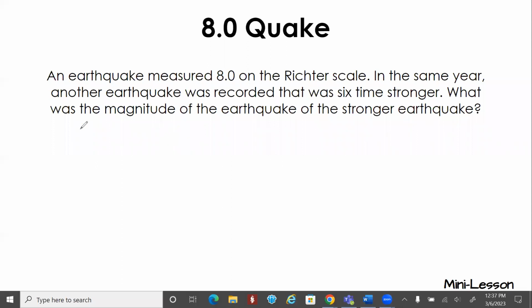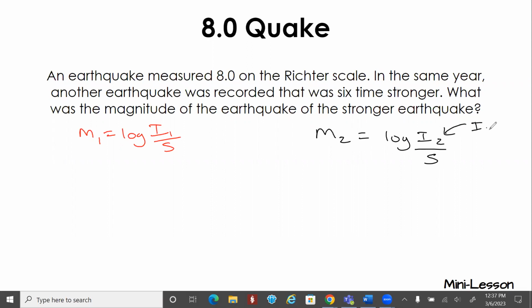The first one is M sub 1 equals log of intensity 1 divided by S. On the second one, we have magnitude 2 equals log of I sub 2 divided by S. And it says that I sub 2 is going to be equal to 6 times I sub 1.